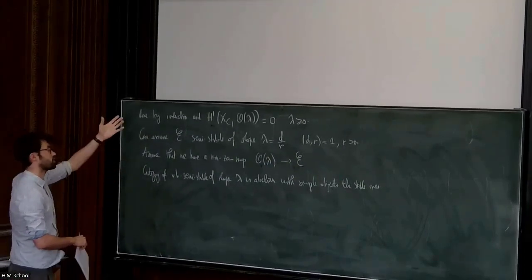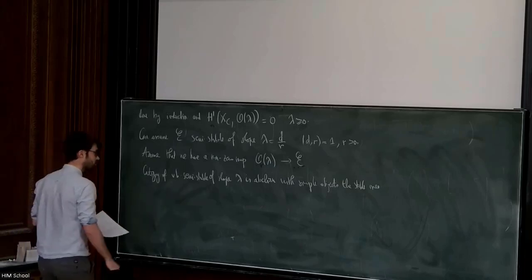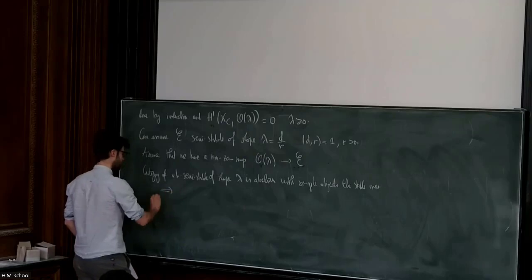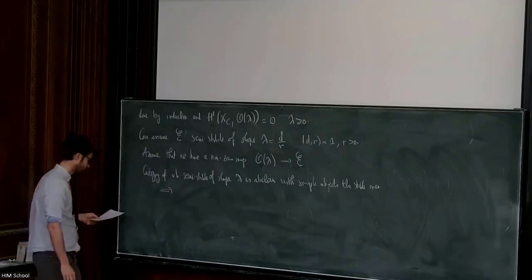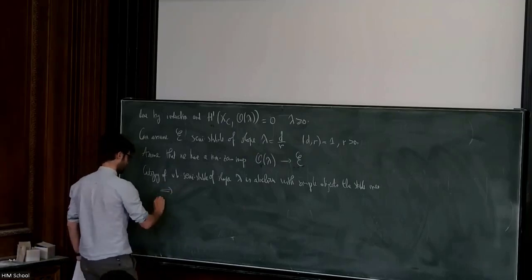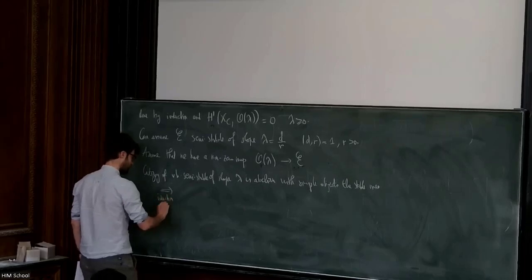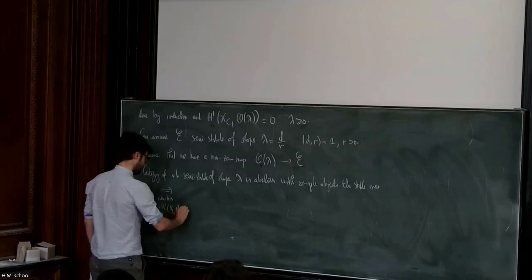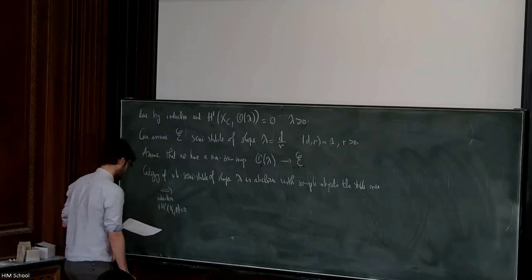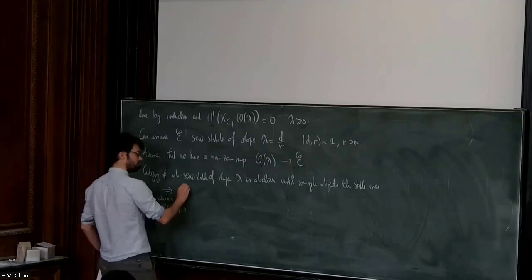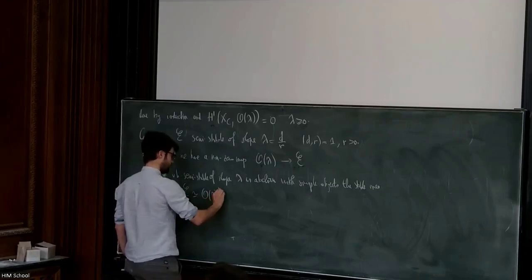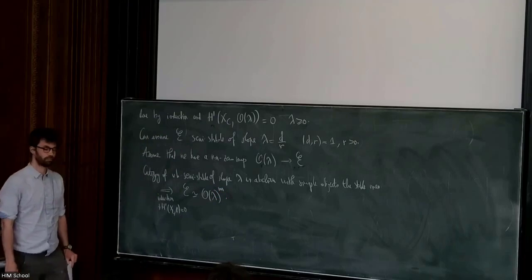But then I can again apply the induction hypothesis and the vanishing of H1, so induction plus H1 of X_C of O being trivial implies that E is isomorphic to a sum of copies of O(lambda).